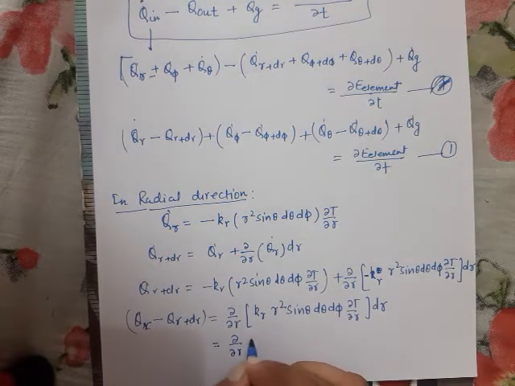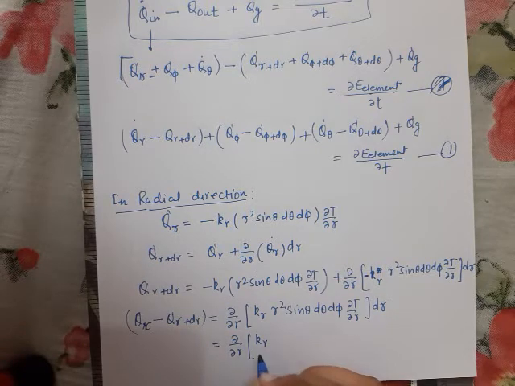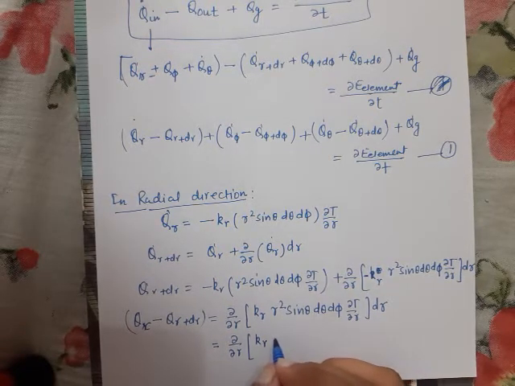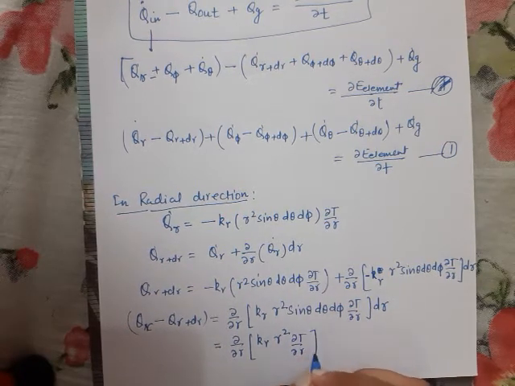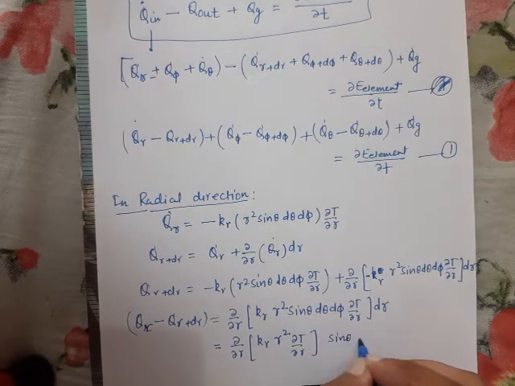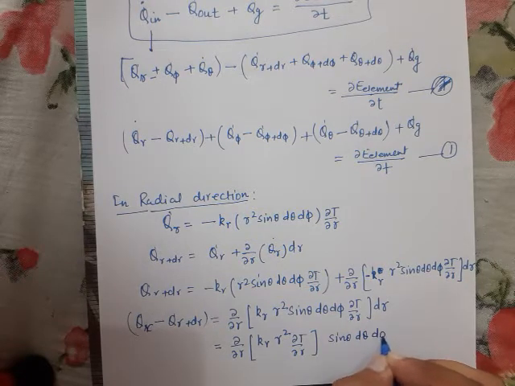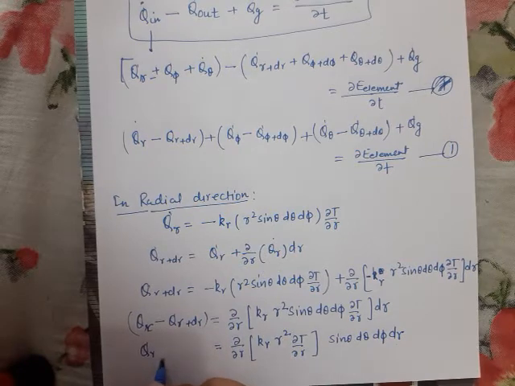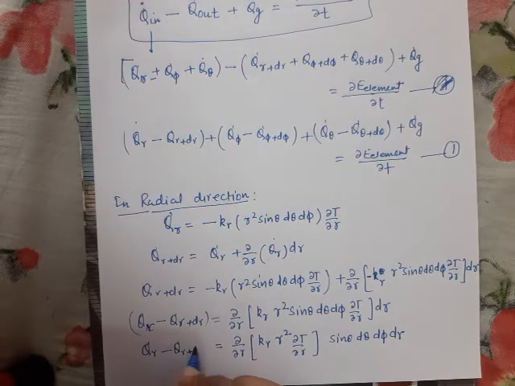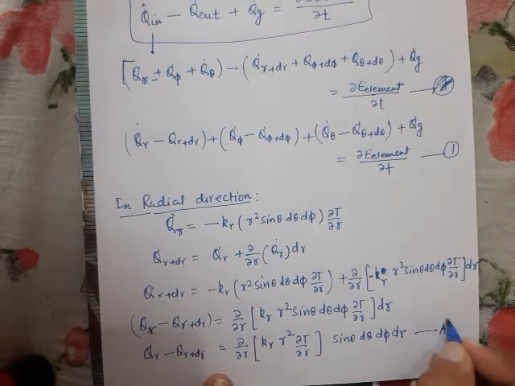Del upon del r of k_r r square del T upon del r would remain inside, because k_r is the thermal conductivity in the radial direction, a function of r. So this is the expression for Q_r minus Q_(r+dr), and this is equation A.